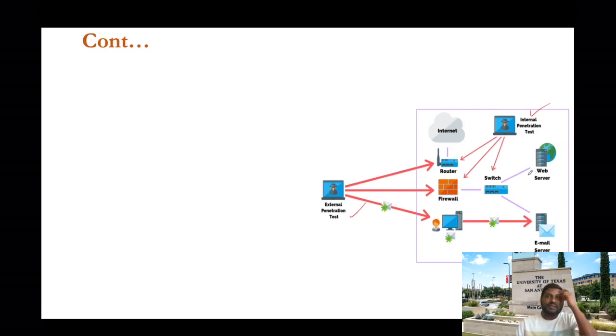As said, there are the external tests. In the external penetration test, the pen tester mimics the behavior of an external hacker, behaving like the external hacker to find the security issues in the internet facing assets like their servers, routers, switches, the websites of this organization, and the employees' individual computers.